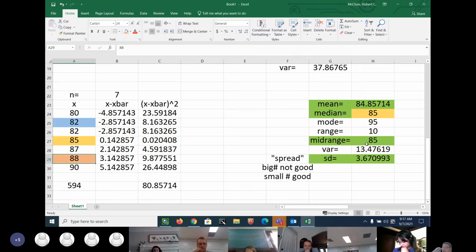After you graduate the number line, you just plot these 3 numbers. So 82, I'm going to circle it in green.